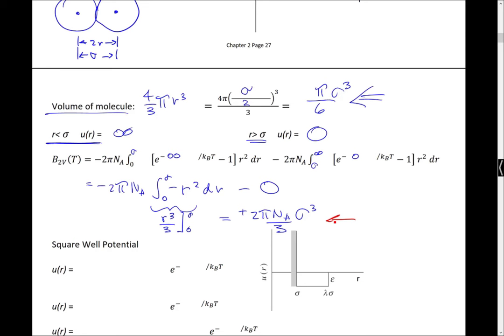To relate this to the volume of our molecule, we recognize that's 4 times the particle or molecule volume, times the number of particles, which is Avogadro's number. So this clearly tells us that the second virial coefficient is related to the size of our particles. All right, make sense?